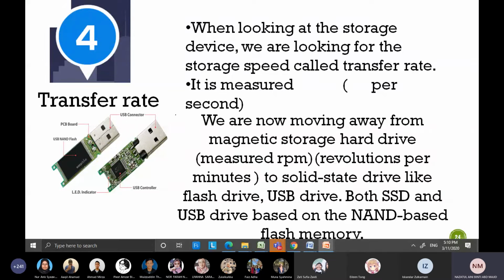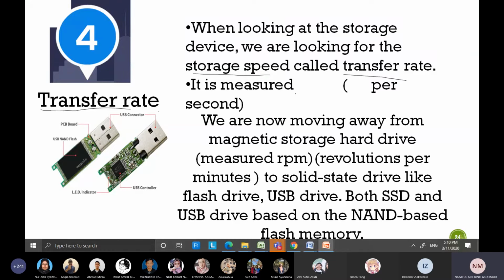The fourth key performance that we look at now is transfer rate. That's what I said before. We not only look at the memory that we use, but we also want to look at the transfer rate. When looking at a storage device, we look at the storage speed, which we call transfer rate.